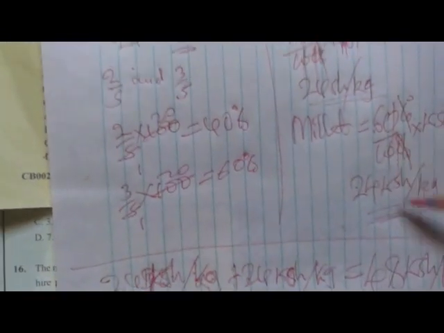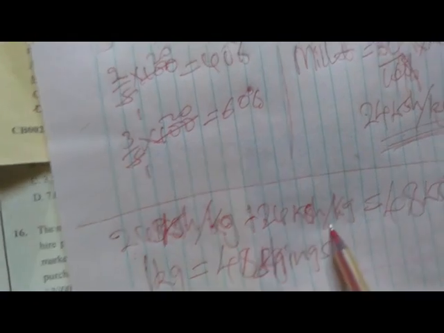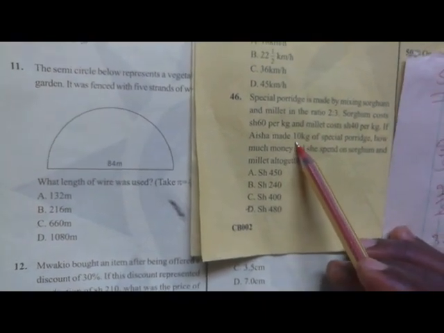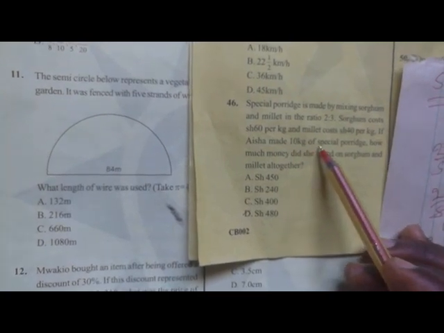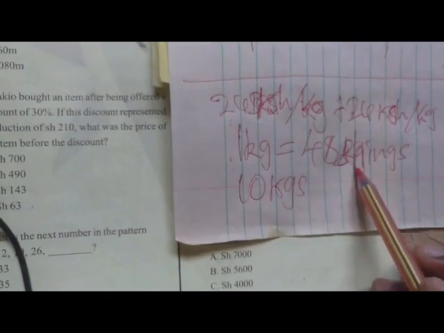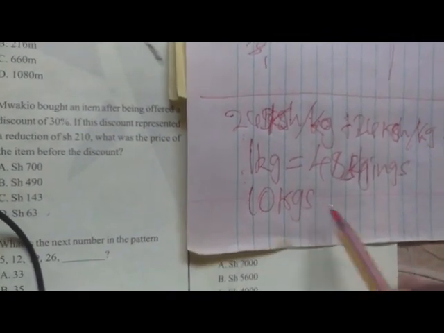So 24 shillings per kilogram plus 24 shillings per kilogram, we get 48 shillings per kilogram in both millet and sorghum. Therefore, we are looking at the cost that Asha gets for mixing 10 kilograms of the mixture of sorghum and millet. Therefore, if 1 kilogram is 48 shillings, what about 10 kilograms?